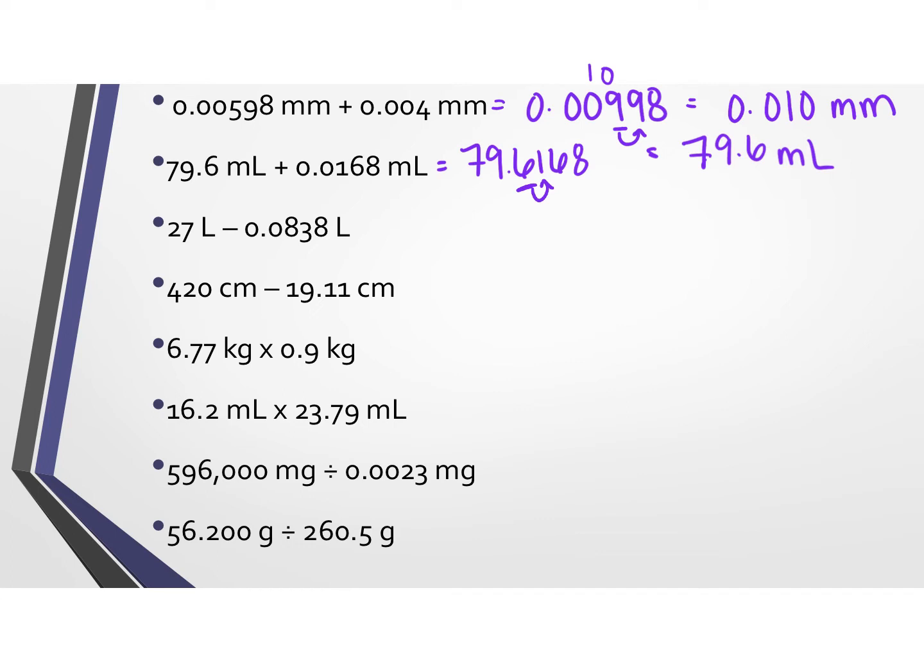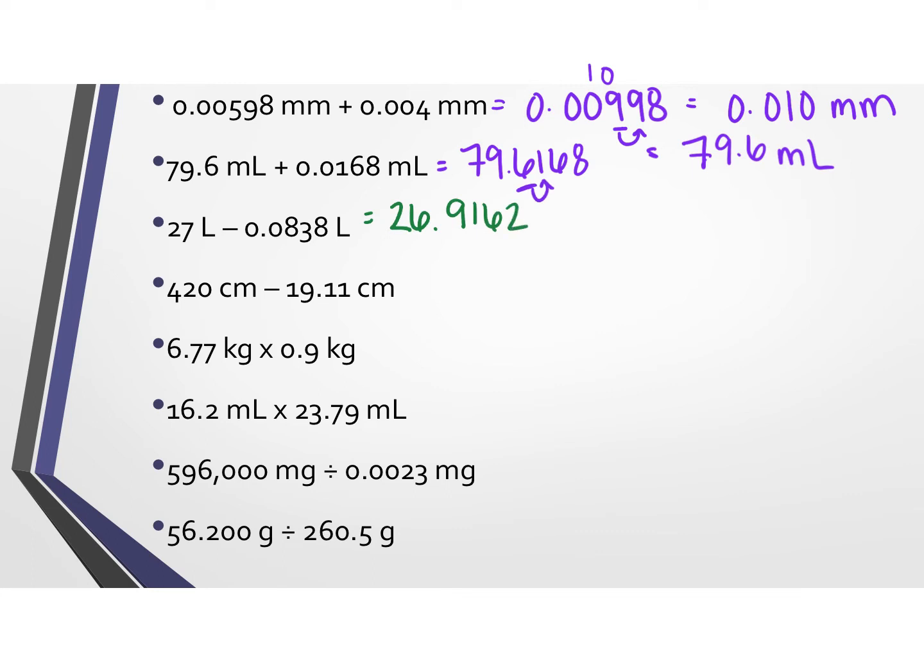Okay, next we have 27 liters minus 0.0838 liters. What do you get if you type that into your calculator? 26 something, yes. 26.9162.